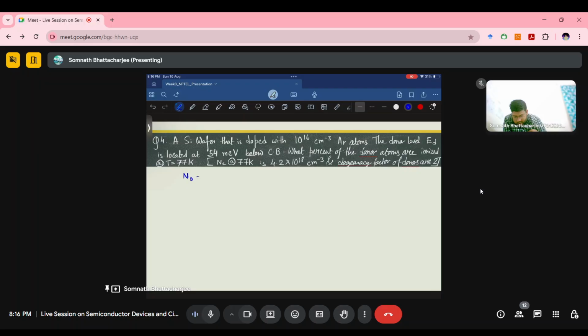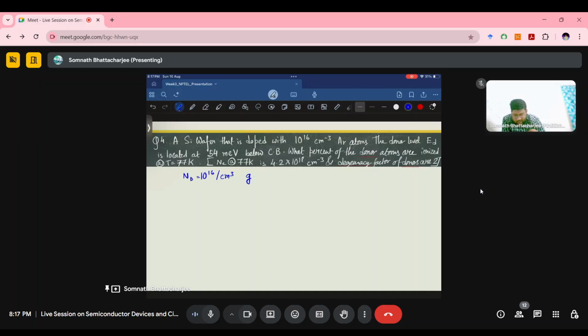The dopant concentration is 10 to the power 16 per centimeter cube, and we have got ED values of 0.054 eV, and it's located below CB. So the CB minus this is that.